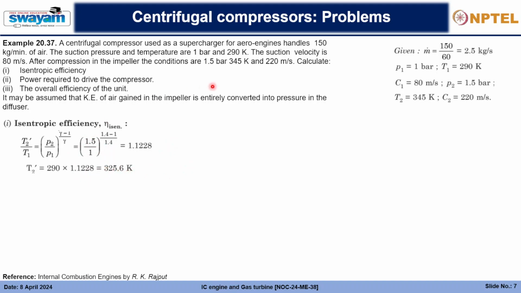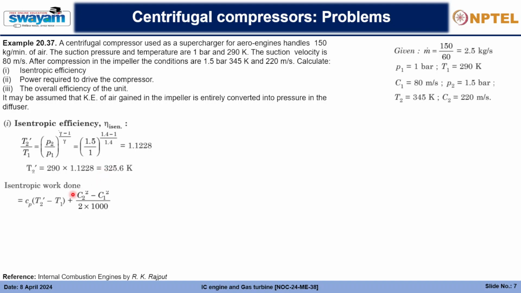Due to the pressure rise, that much temperature it would have been raised. But since we are supplying some work and there are some isentropic losses, the temperature of the exit gas will be higher compared to this. So that is 345 Kelvin, and we'll use this part here.